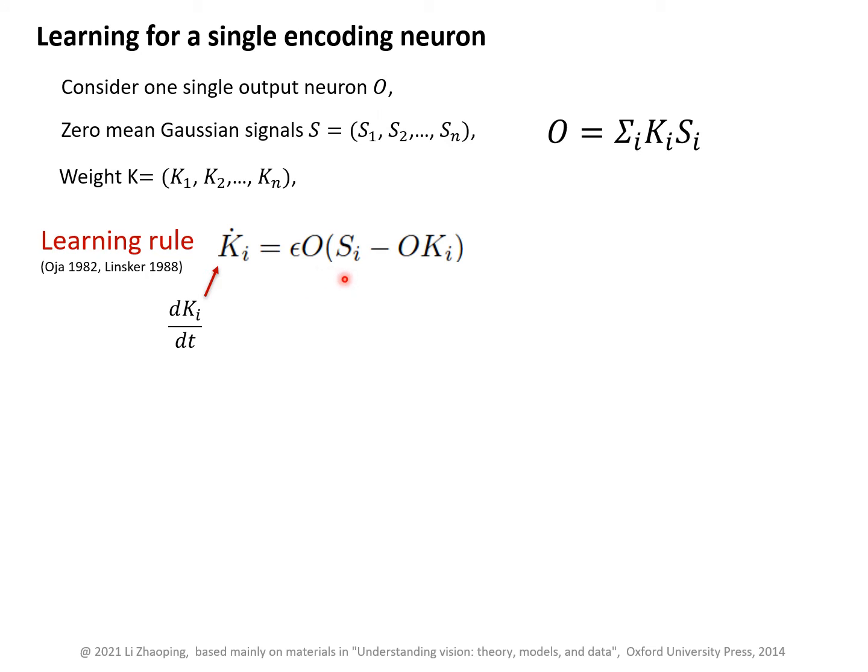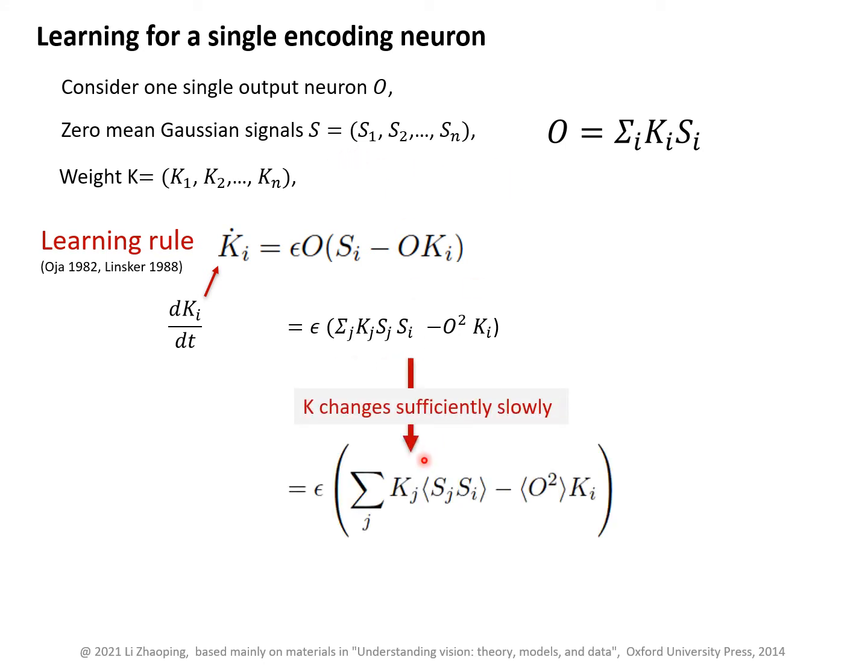In the first term of the right-hand side of the equation, let's write this O out as the weighted sum. Since we already have this index i, let's use index j for this weighted sum. So we have this. Now, if we assume that K changes slowly, so that from one input vector to another input vector, K changes very little, then let's average this over many input vectors S. Okay, so we get that.